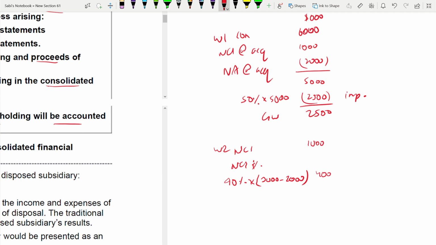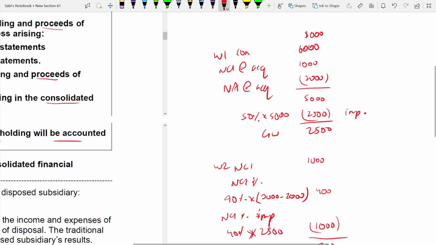Then remember impairment is there, so you have to take the NCI percentage of impairment also: 40% of the impairment. The impairment is 2,500 from working 1, which gives 1,000. This you deduct, and then you are left with 400.